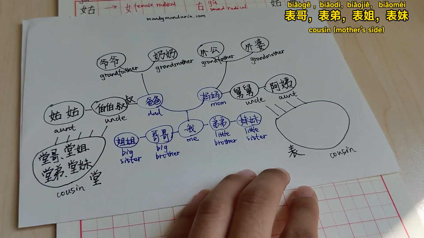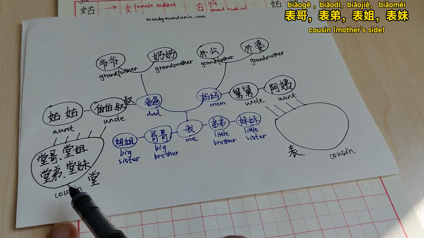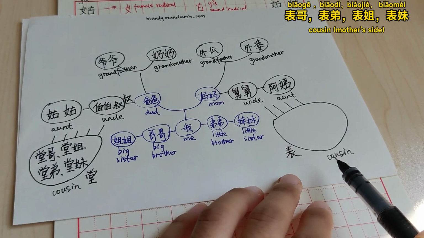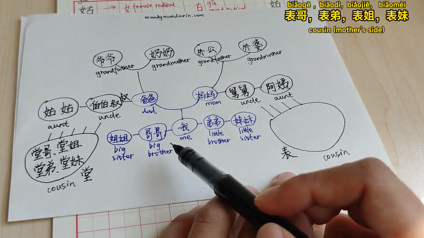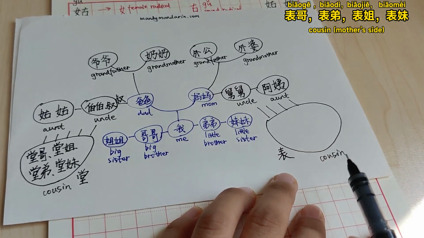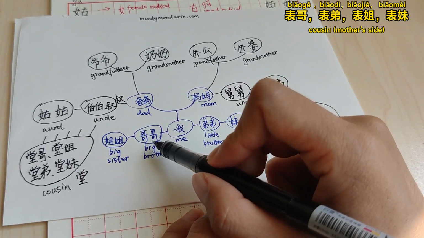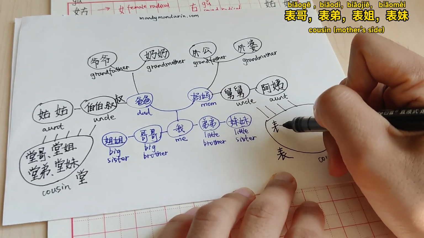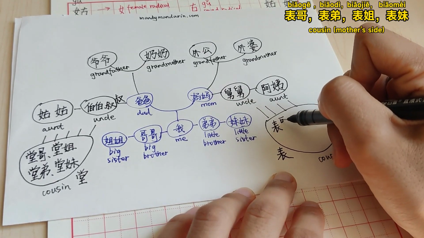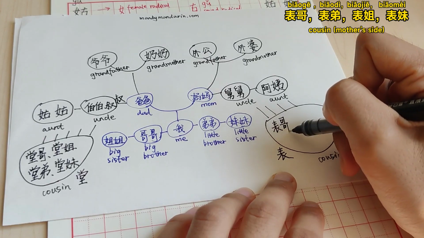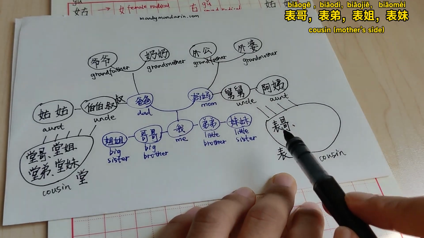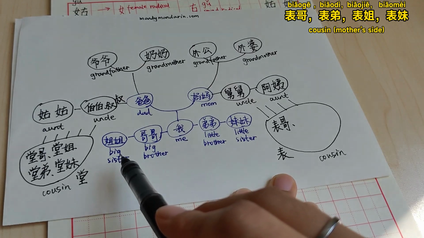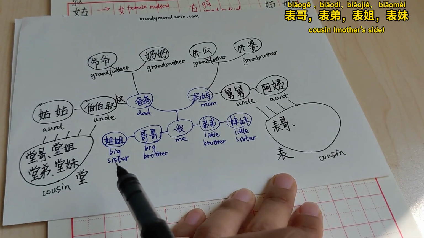Okay, so now with the same logic as the cousins from the father's side, the cousin who's like a big brother to you, that would be 表哥. Very good. And the cousin who's like a big sister to you, that is 表姐.